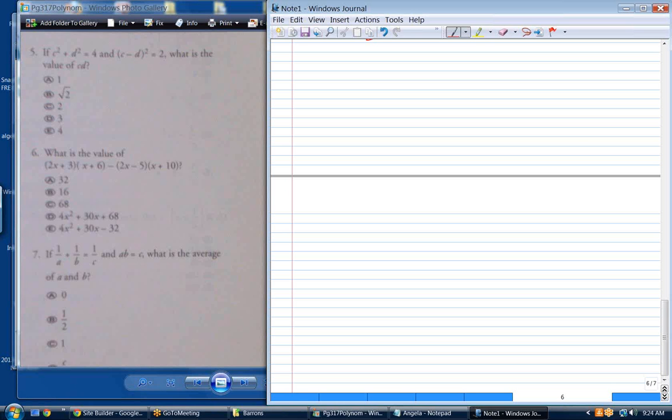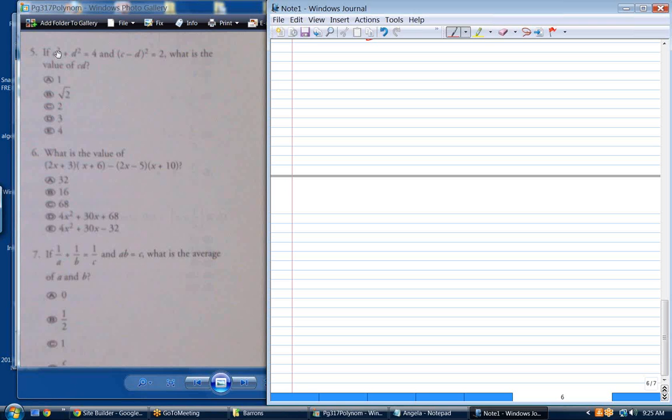This looks familiar. Yeah, just add them. The only difference between this and the previous problem is that this has a binomial being squared. So it's not the same thing.